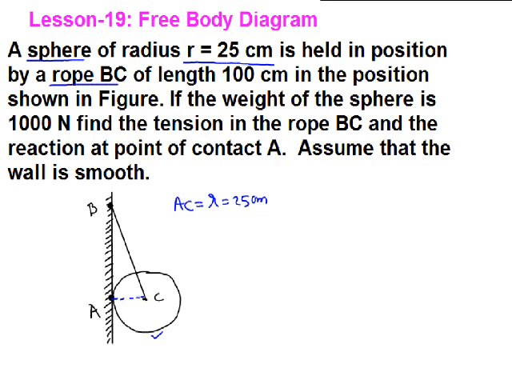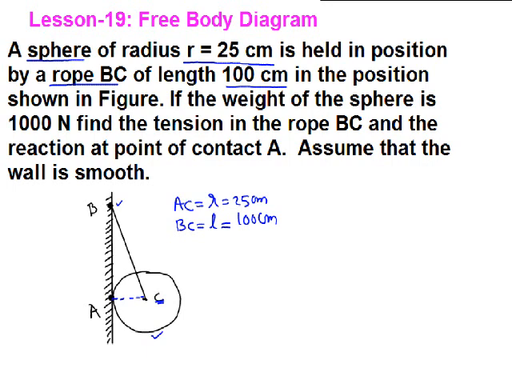Going from end B, which is attached to the wall, to end C, which is attached to the center of the sphere, its length is 100 centimeters. So you have BC. Let us represent the length by L equal to 100 centimeters. It is held in position as shown here.